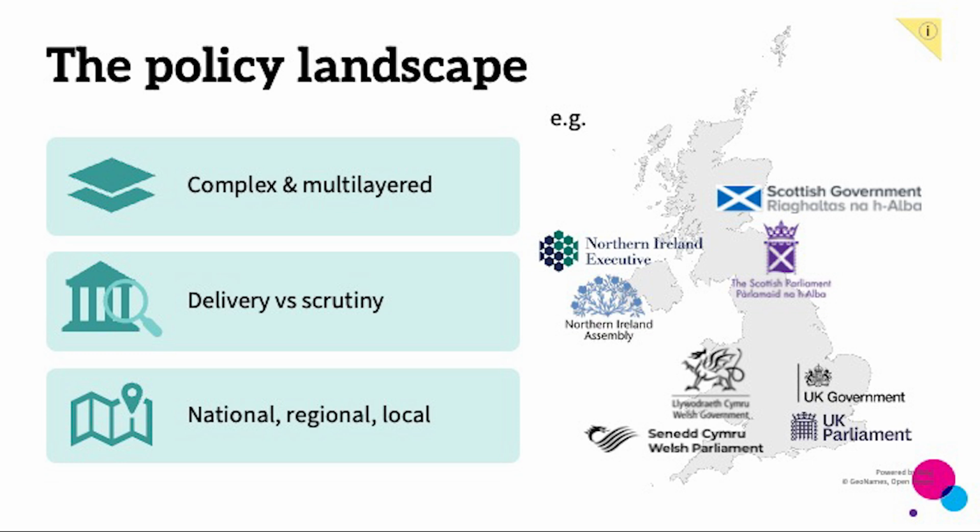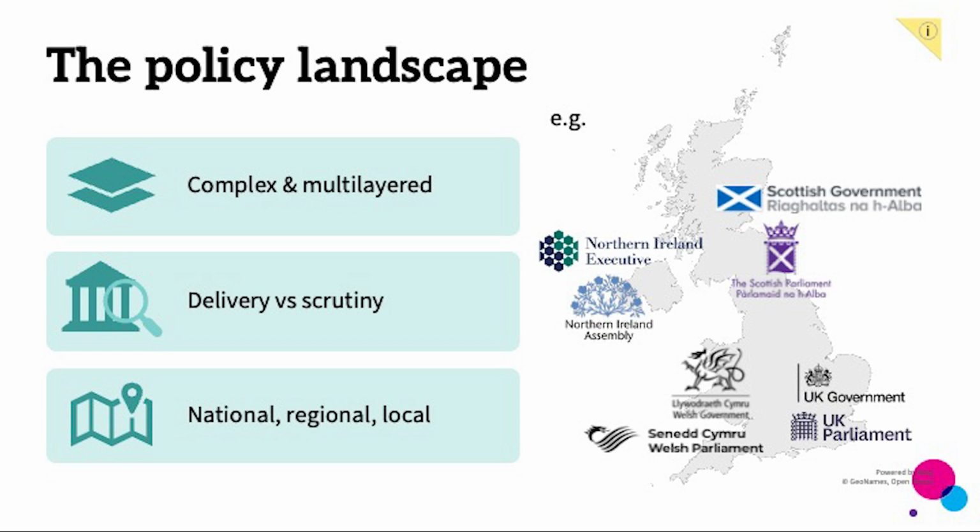We also have Scottish Government, Scottish Parliament, Welsh Government, the Welsh Parliament and Senate, and a Northern Ireland Executive and a Northern Ireland Assembly. And then under central and these devolved governments, there are departments, non-departmental public bodies, arm's length bodies, and other public sector organisations that will have specific remits. So there's lots of layers and it's quite complicated.